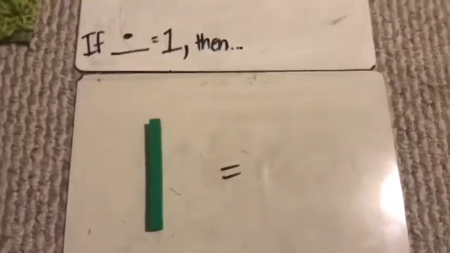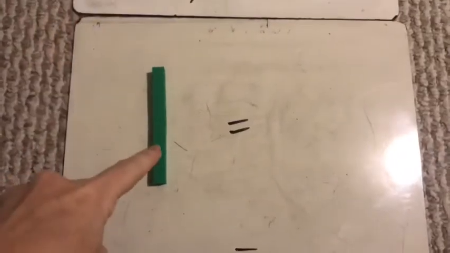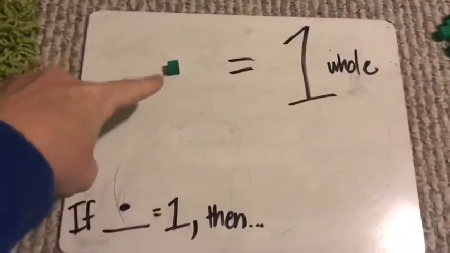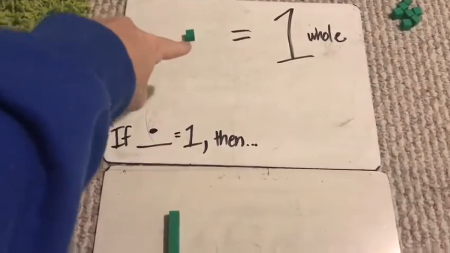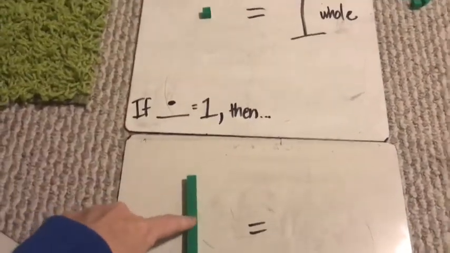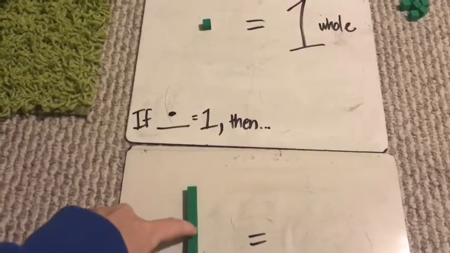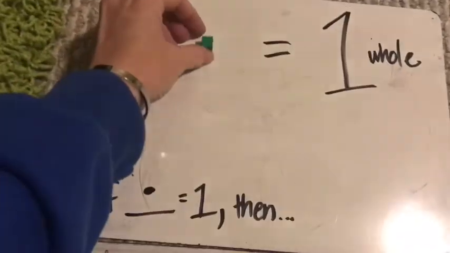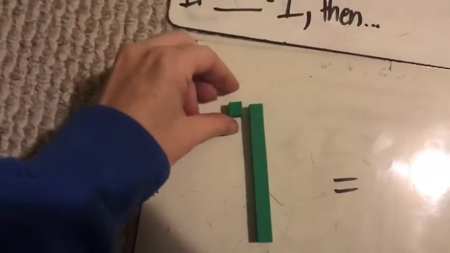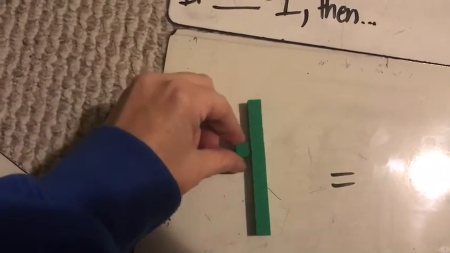So first things first, if I'm looking at this, I have to find this here. So I notice that the 1 whole is smaller than this piece. So this piece must be greater than 1 whole. And I'm also noticing that this fits into this piece 10 times.